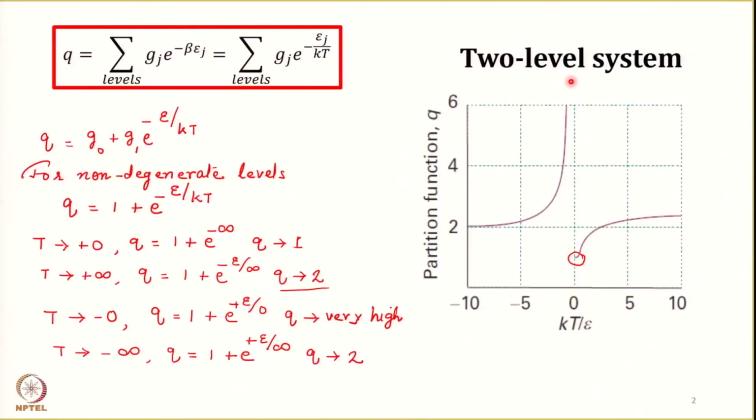So for a two-level system, you see how the partition function varies with temperature on the positive side or the negative side of the temperature. But the point to be noted is that there is a discontinuity. It is not continuous. At T equal to 0, there is a discontinuity.